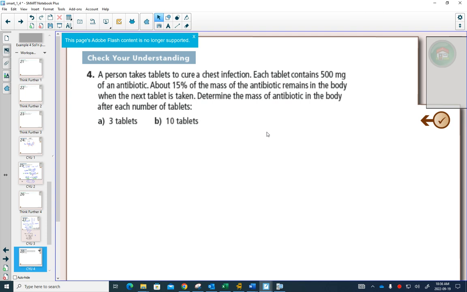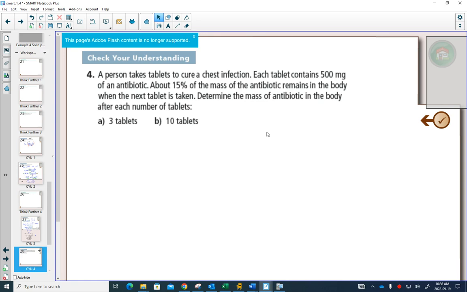If you have a chest infection and they give you 50 pills, not a good idea. Like, I want to get rid of it right away, I'll just eat all 50, okay? You've learned over time that that's not a good idea. That could cause a lot of stress on your body, could cause all sorts of things that aren't good. So you have a schedule, okay?